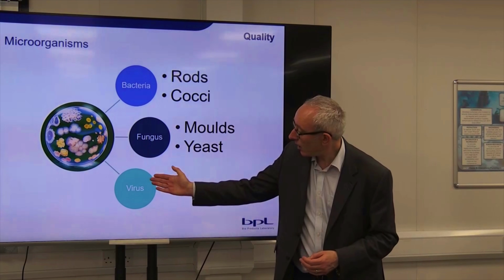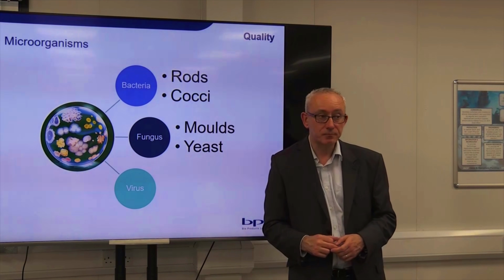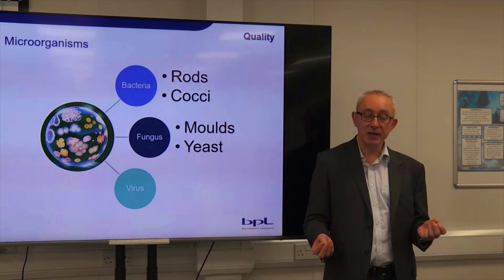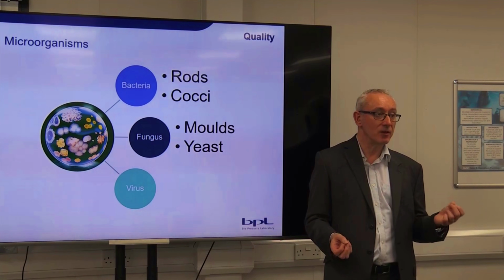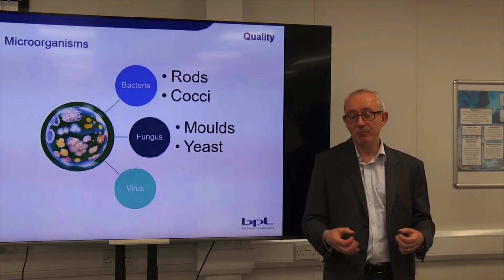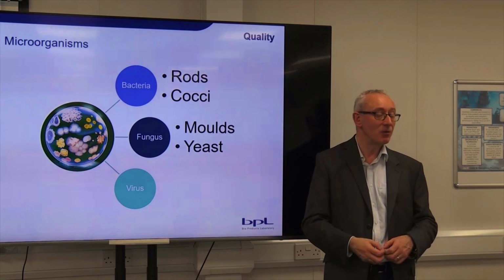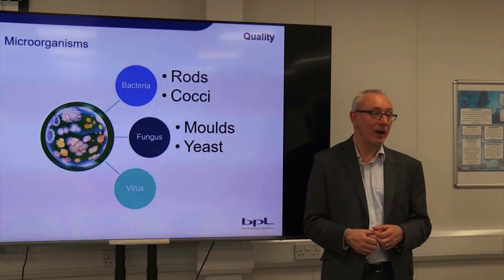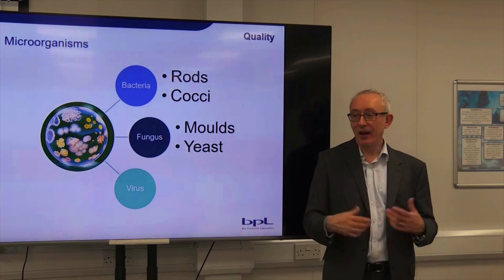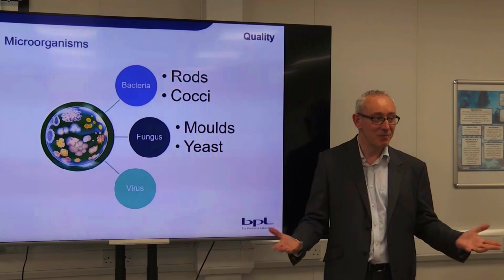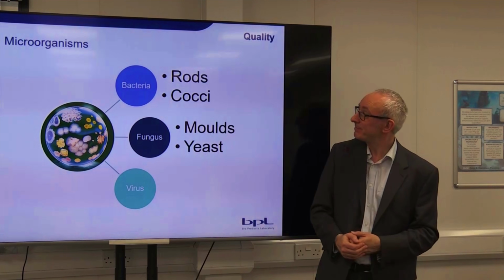The other type of microorganism is viruses, and there's a debate about whether a virus is alive or dead, because it doesn't have any activity outside of a human cell; it becomes active when it enters a human cell. And obviously viruses, with the coronavirus COVID-19, are a big subject in the news at the moment.